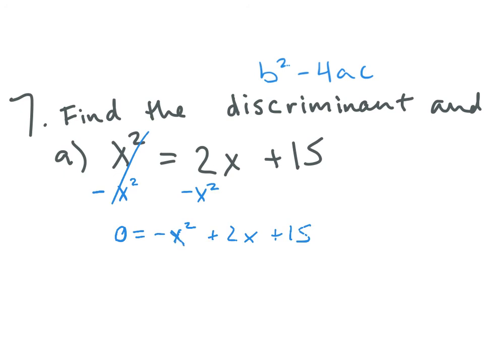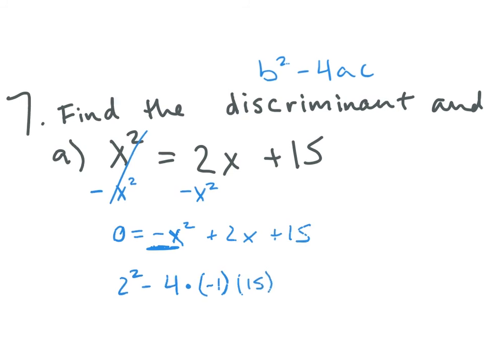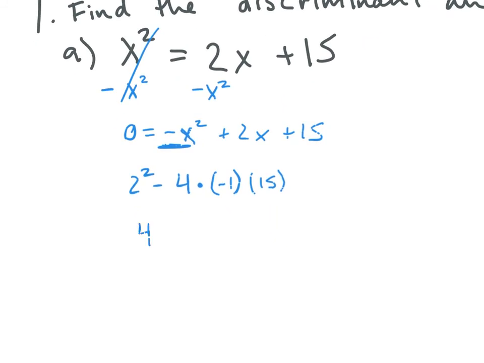So what's our b? 2. So 2 squared minus 4. What's our a? Negative 1, because it's a negative x squared. And then what's our c? 15. So now we have 4 times negative 1.